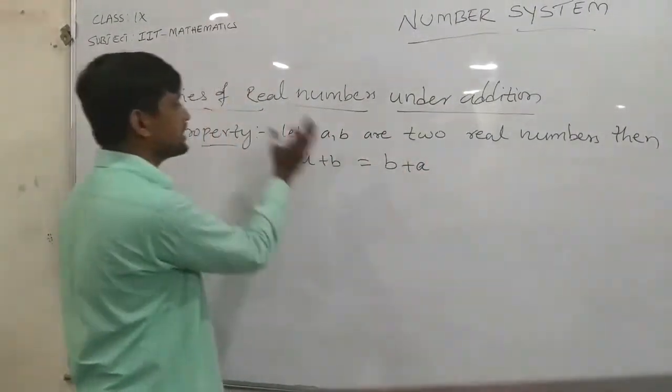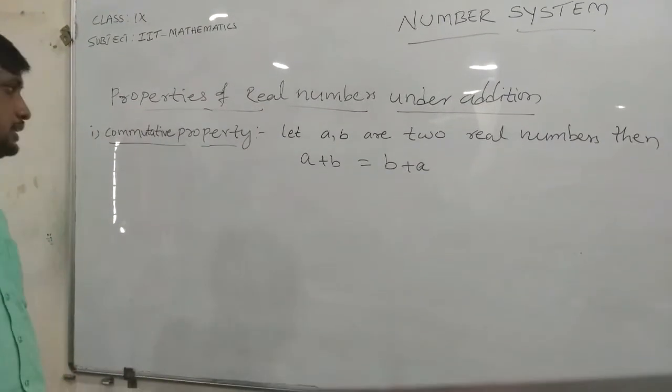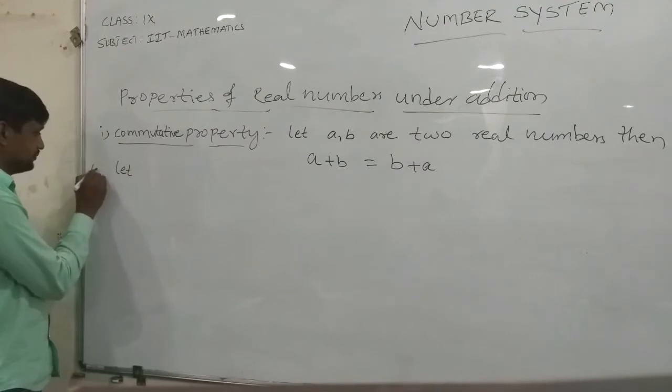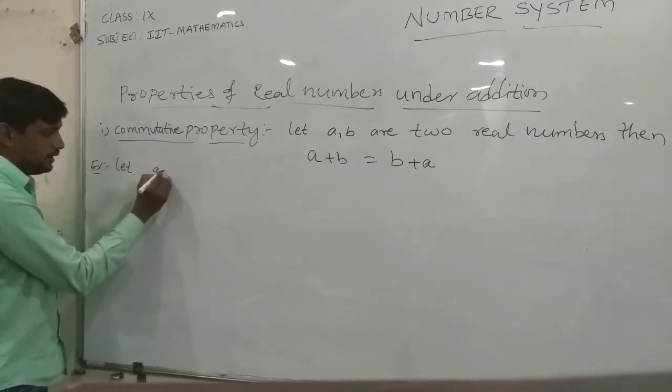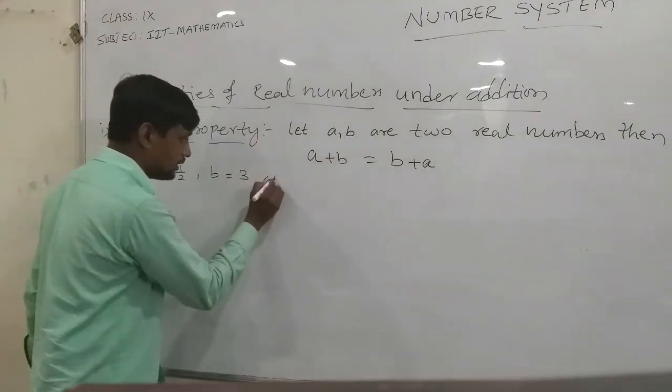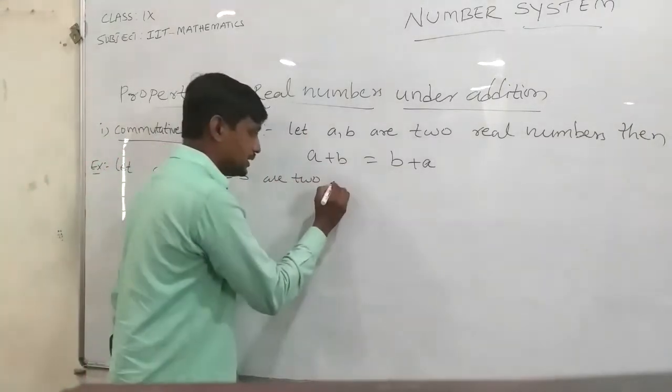Then the commutative property is going to be satisfied. So here same example I am taking. Let A equal to 1 by 2, comma, B equal to 3 are two real numbers.